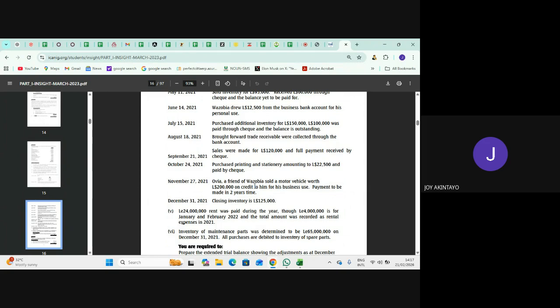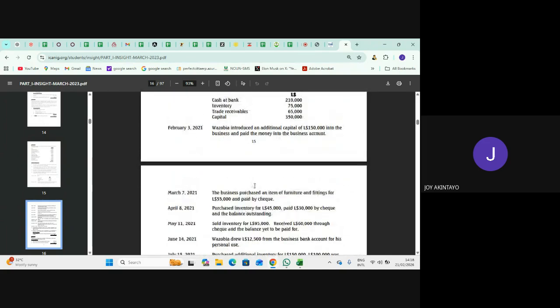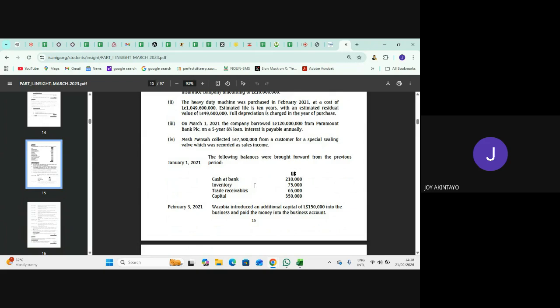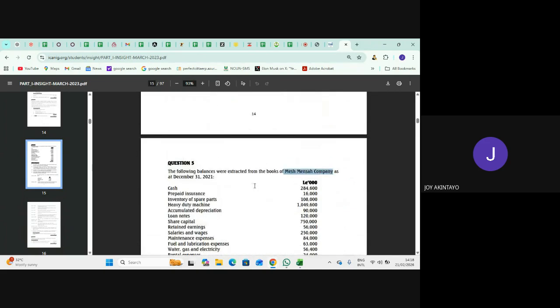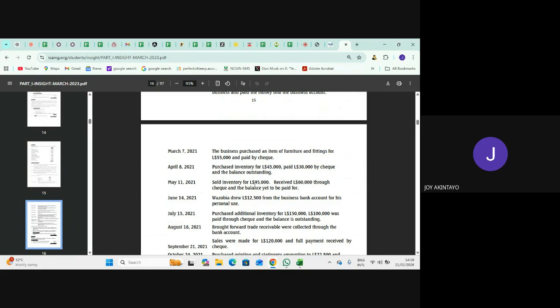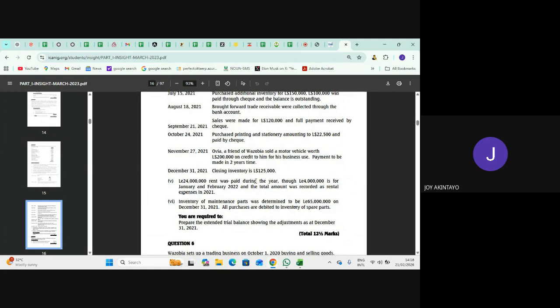We need to prepare a cash book for that period. Let's see how it goes. So which kind of cash book are we preparing? Okay, this is a double column cash book. I think we have a format for the double column cash book here.